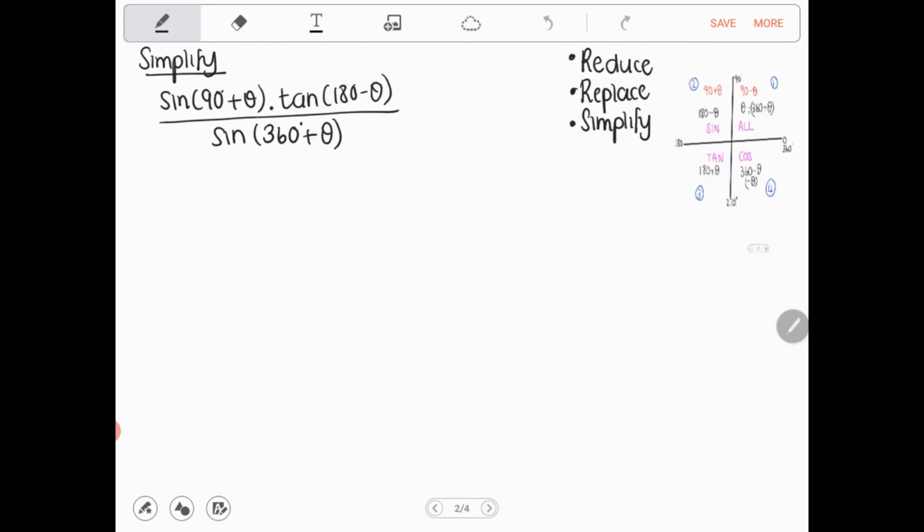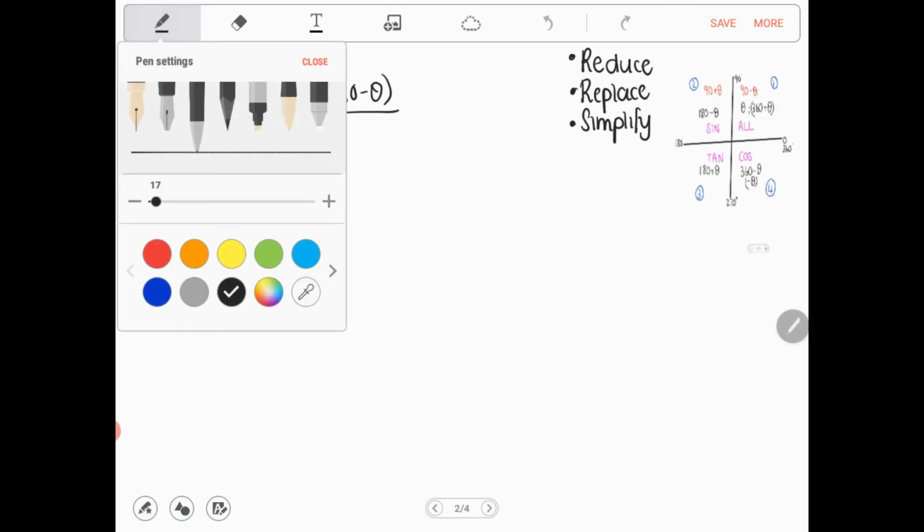Okay, so here's the first one. We've got sine of 90 plus theta, tan of 180 minus theta, divided by sine of 360 plus theta. I've just written our steps here: identify, reduce, replace, simplify. And we've got a little cos diagram on the side, which is what you would have to look at. All right, so where do we start?